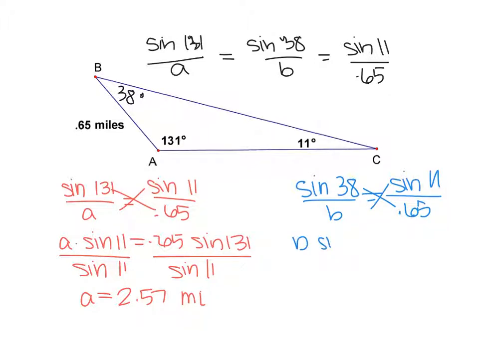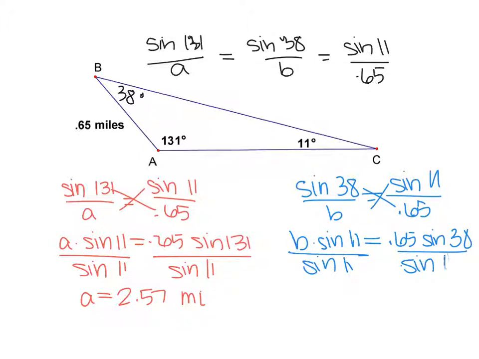So B times sine 11 equals 0.65 times sine of 38, divided by sine 11, and we get B is 2.1 miles. As I said, this is the easiest case for the law of sines. It's pretty straightforward. You always solve for the angle first, and then you can set up and solve for the remaining two sides.